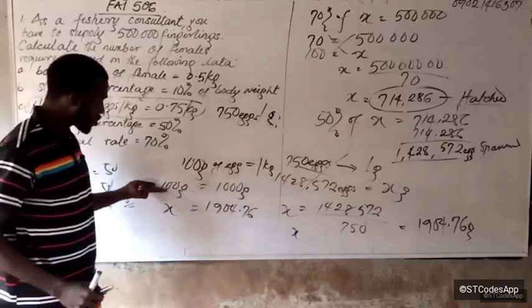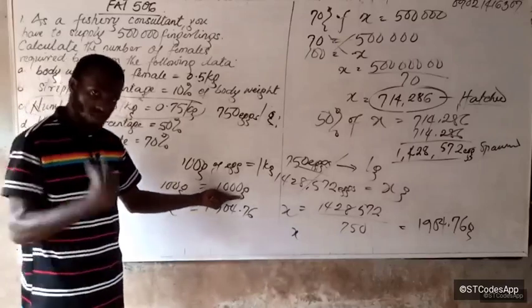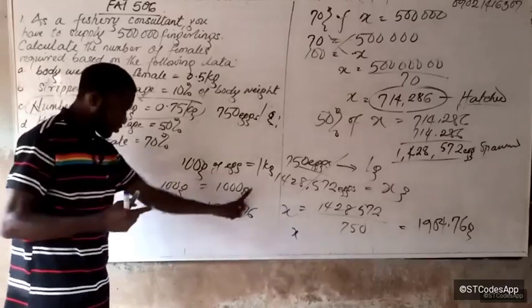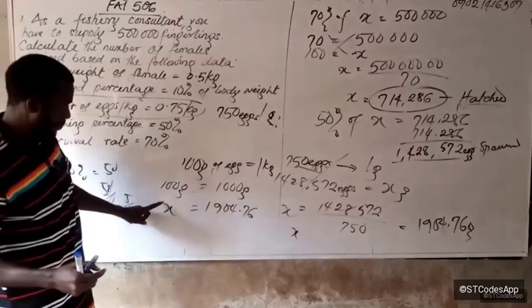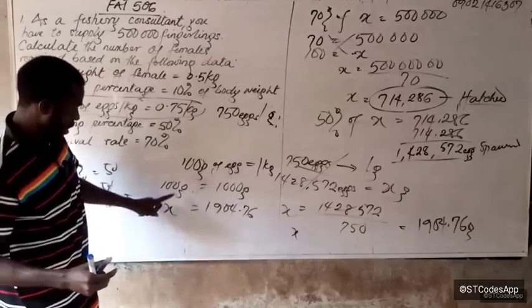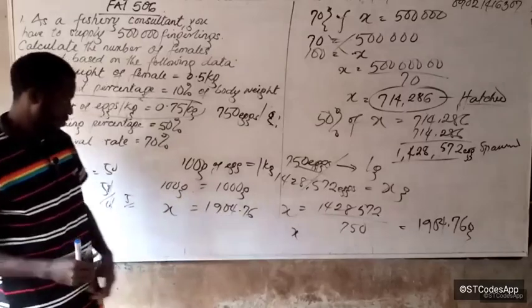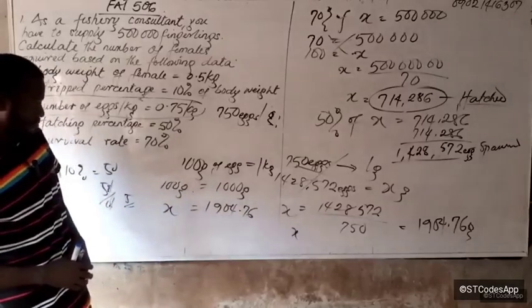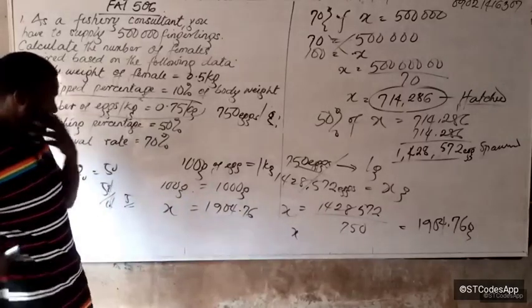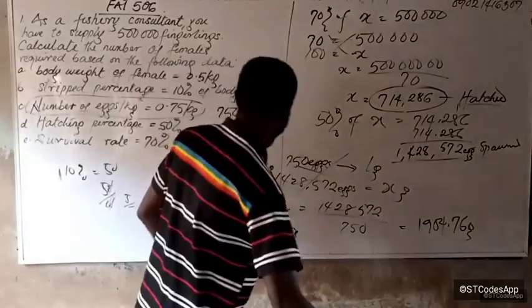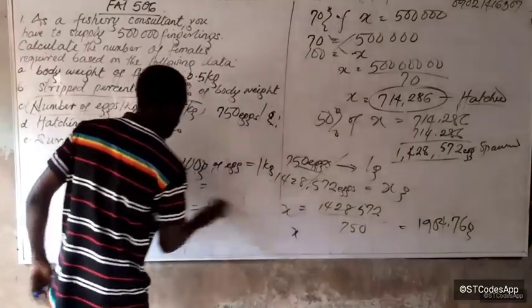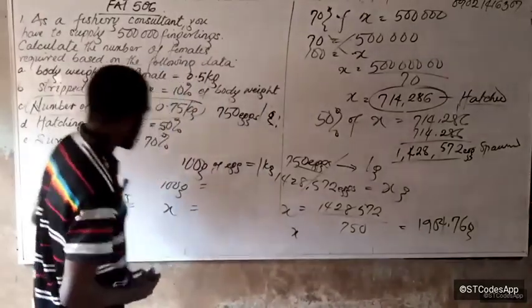If 100 grams is in each fish, this represents 1 fish. I think I confused this thing already. No. Let's use 1 kg because we are trying to convert. Okay, yes, this is what I misplaced.